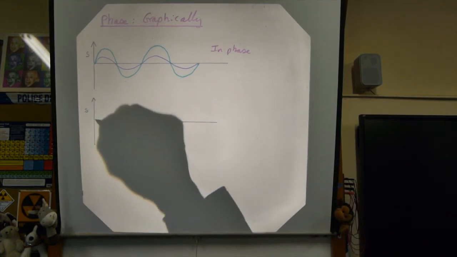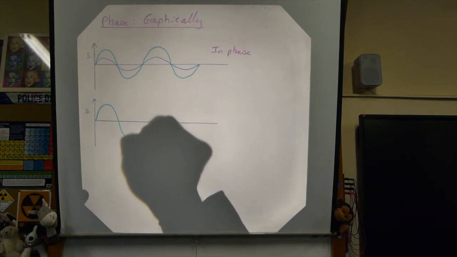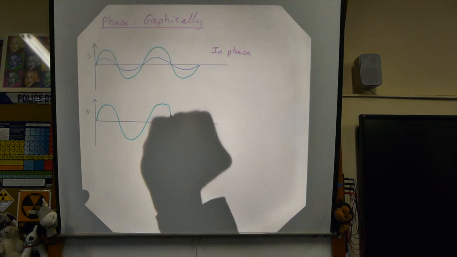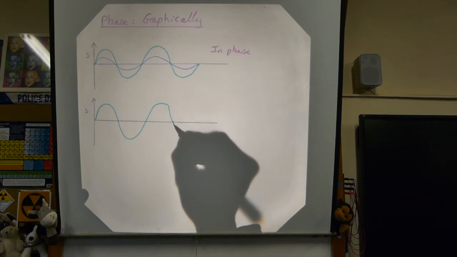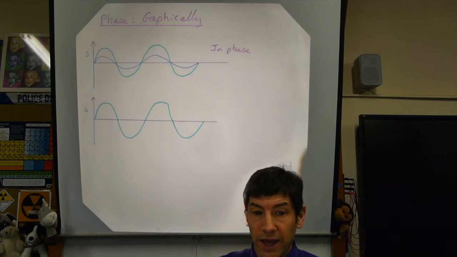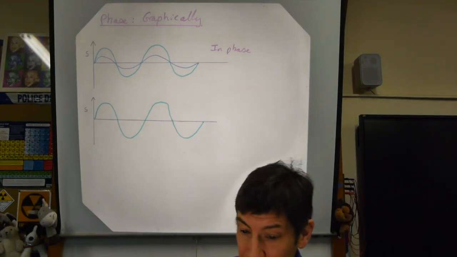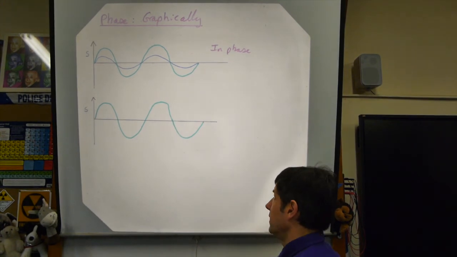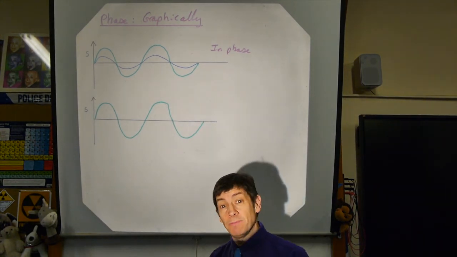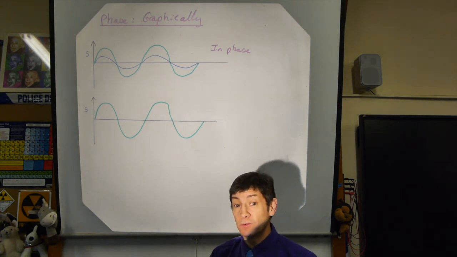Right, so let's see if we can get the green wave in here. Not too bad. Okay, and then we'll put the blue one in. It doesn't have to be the same amplitude. Is it clear that it doesn't have to be the same amplitude because amplitude is not affected by frequency?